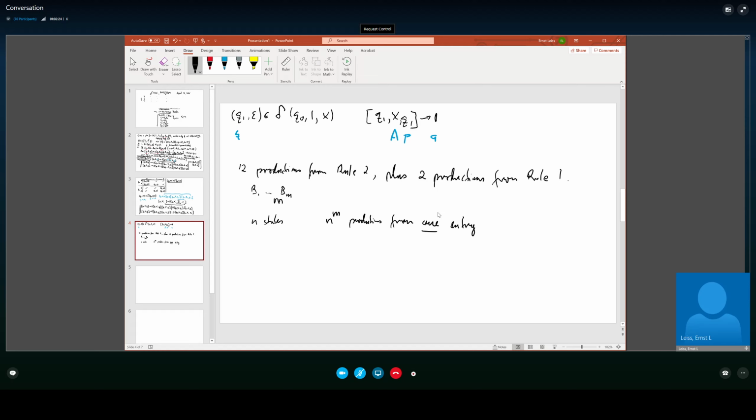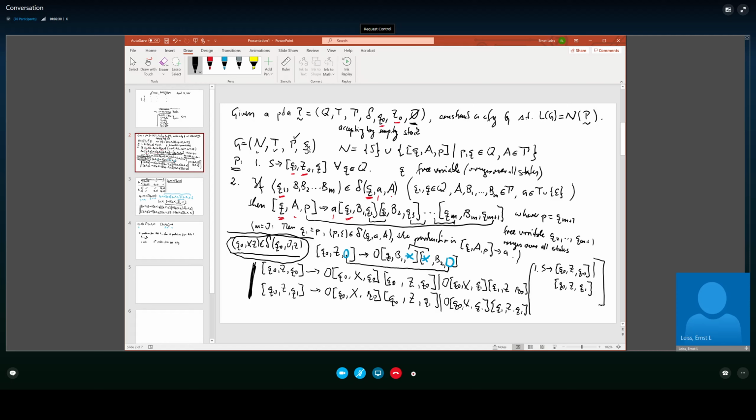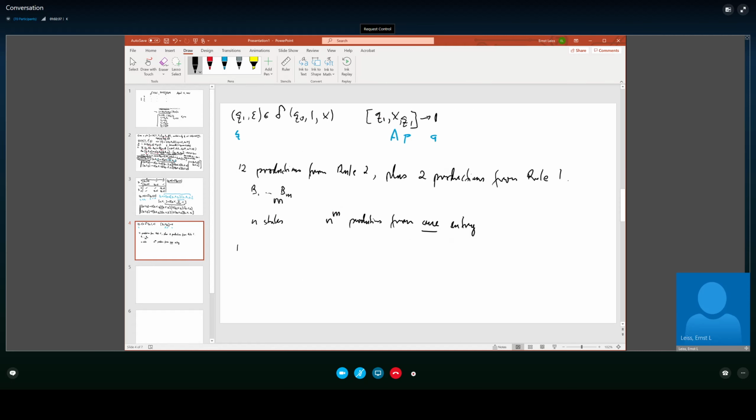What is important is to keep in mind what you now know, okay, we know that any language accepted by a push-down automaton can be generated by some context-free grammar.